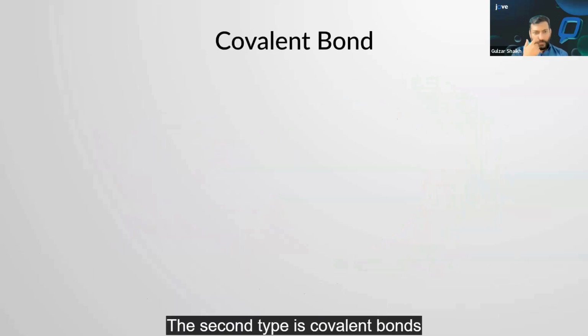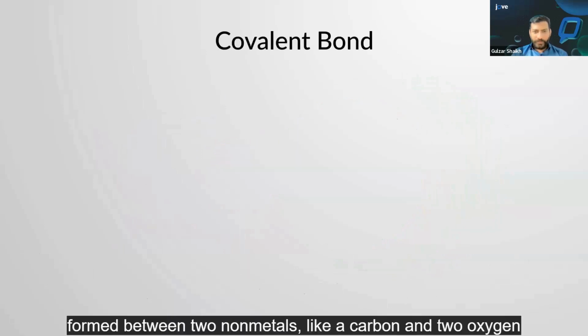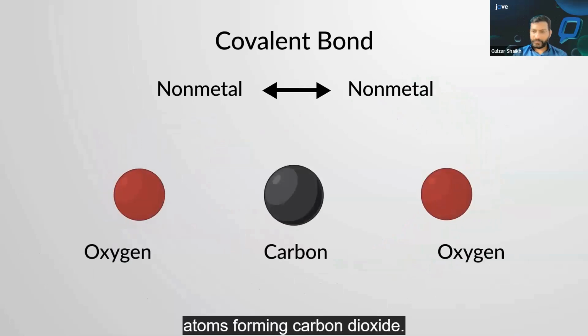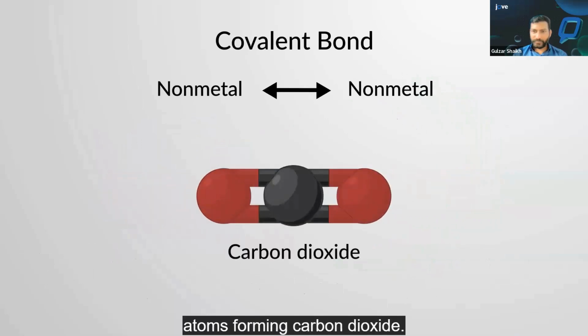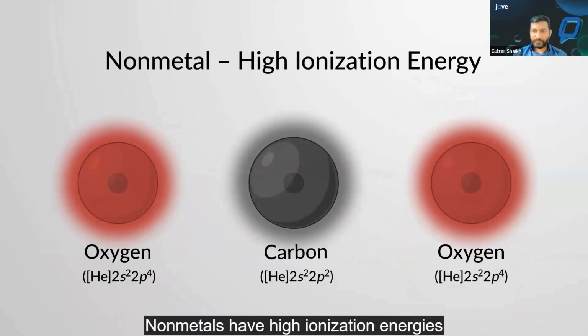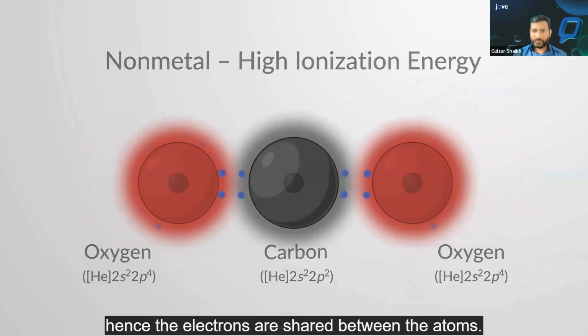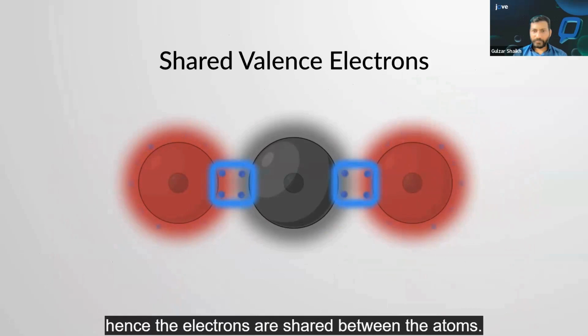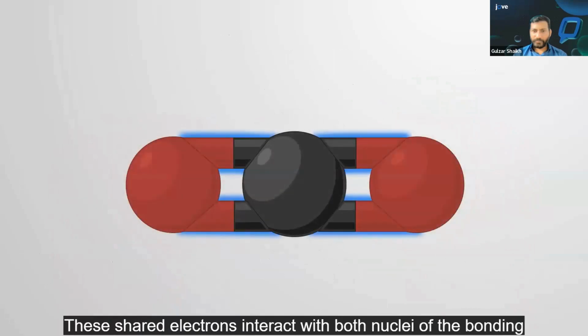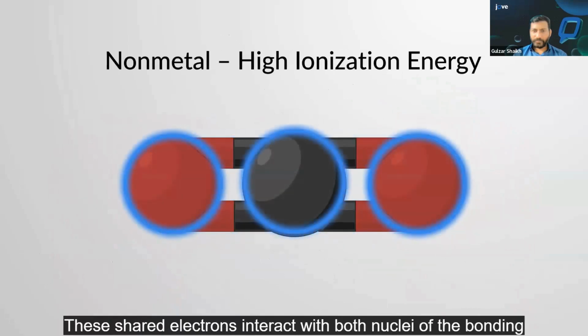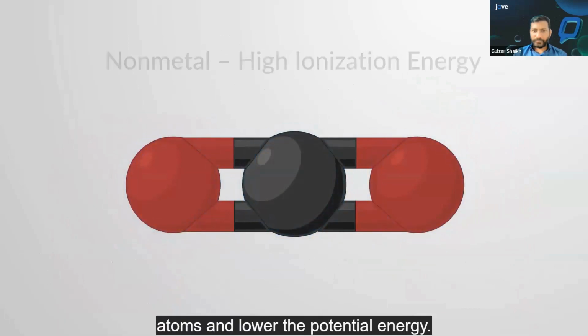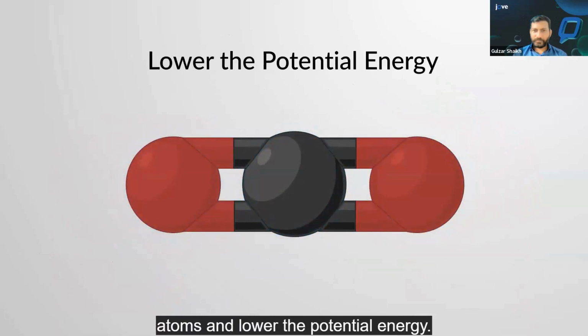The second type is covalent bonds, formed between two nonmetals, like a carbon and two oxygen atoms forming carbon dioxide. Nonmetals have high ionization energies, making it difficult to remove and transfer valence electrons from one atom to another. Hence, the electrons are shared between the atoms. These shared electrons interact with both nuclei of the bonding atoms and lower the potential energy.